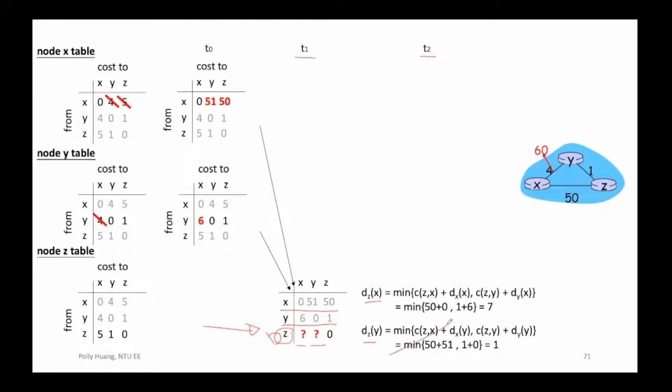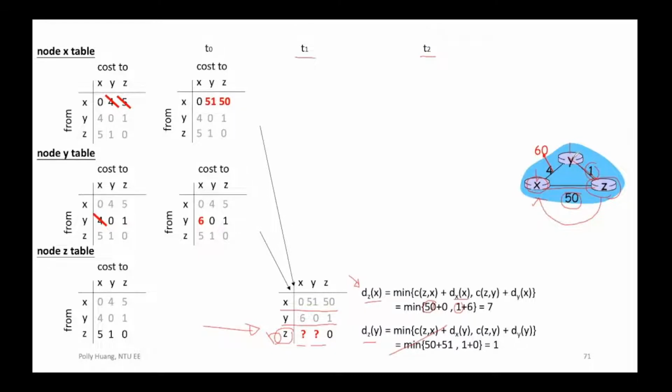Now let's ignore the calculation of dzy as this one is very trivial and we know how to do the Bellman-Ford equation already. Let's go over, however, dzx carefully because this entry here is very interesting. So once again, from source z to destination x, two possible neighbors of z, x and y. So first neighbor here, the link costs 50. Second neighbor here, link costs 1. So we have 50 and 1. And then the final destination is x, so we need to know the value of dxx.